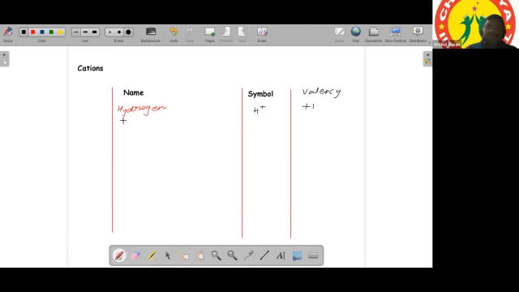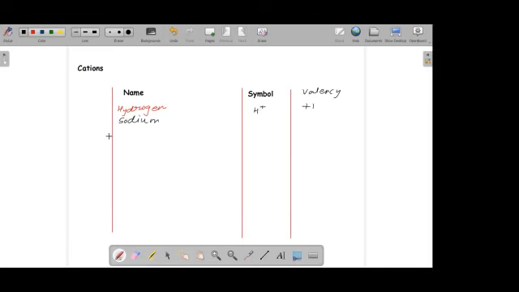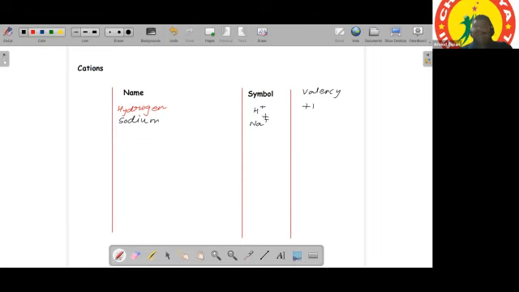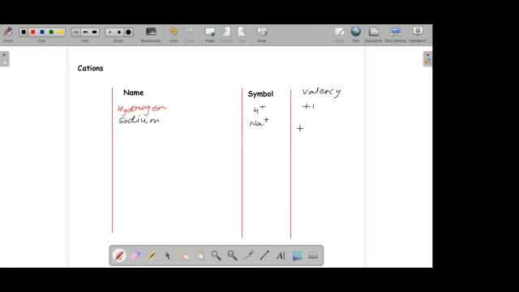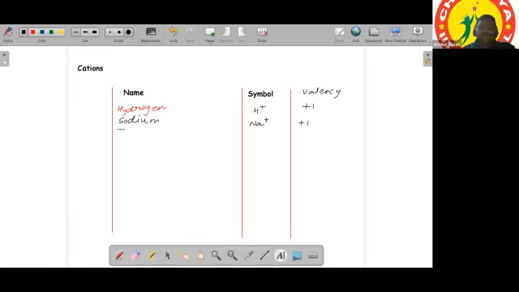For sodium, the symbol is Na. This is Na plus, and valency 1. Potassium, Aman, can you speak also? Aman, what will be the valency of potassium?